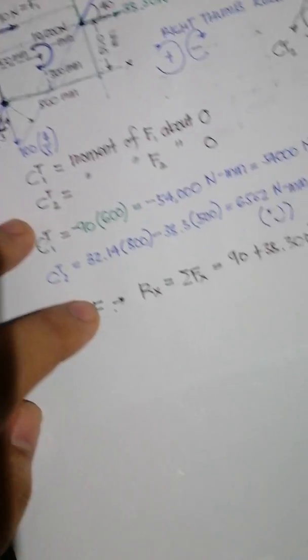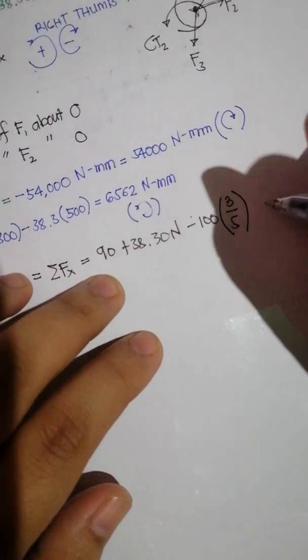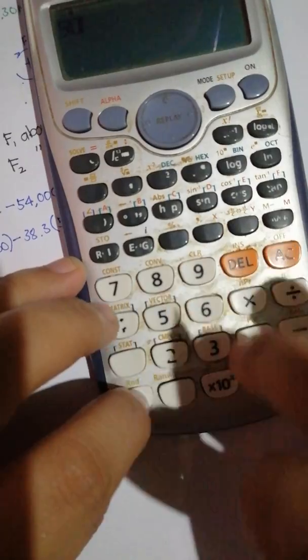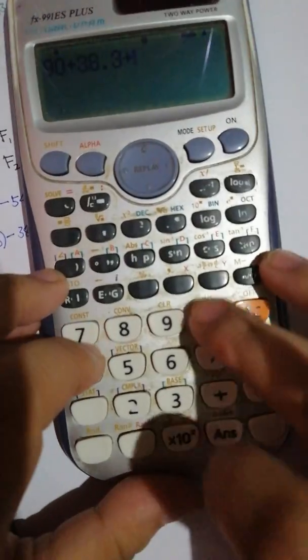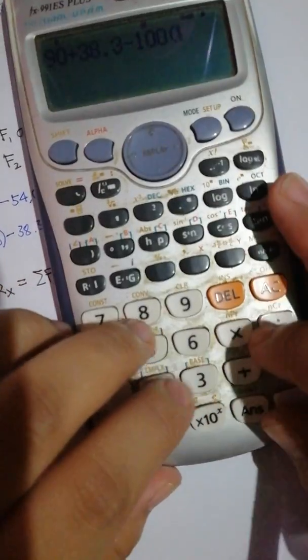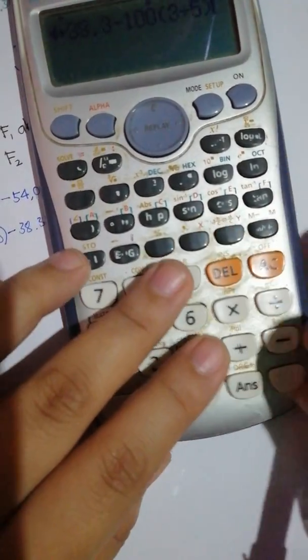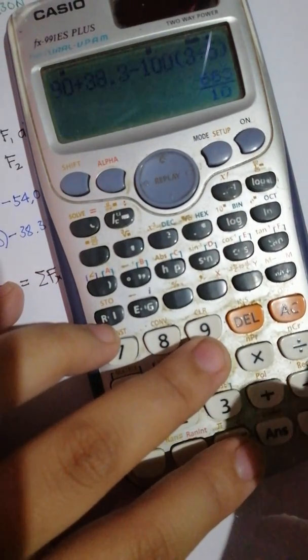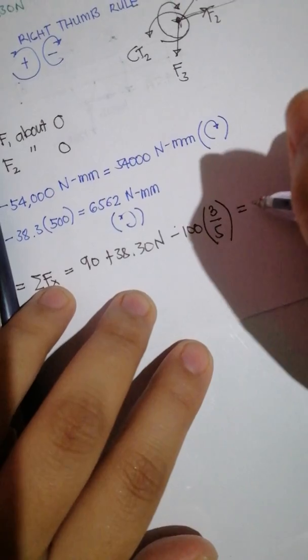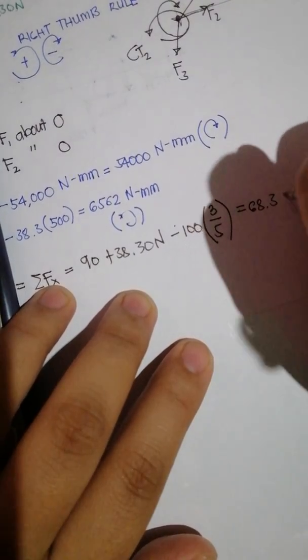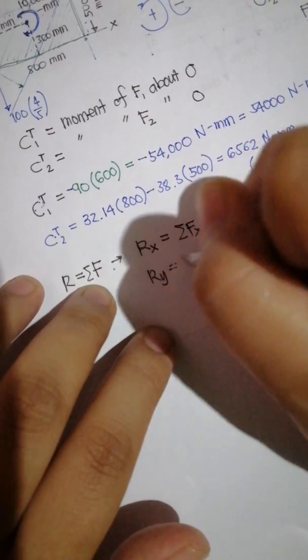Trigonometry na yan. Okay? Basic. But anyway. So, we have 90 plus 38.3 plus minus rather 100 3/5. You have 68.3. Okay, yan yung x component ng resultant, yung y component naman ng resultant.